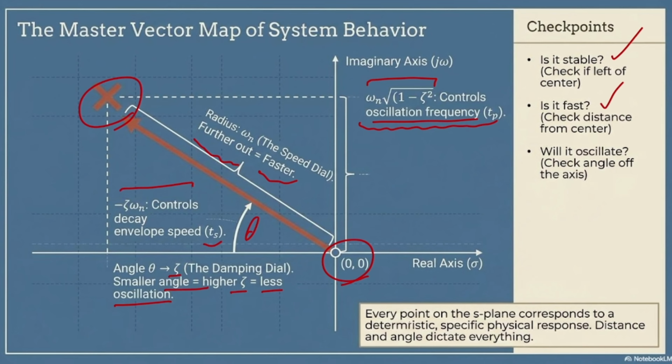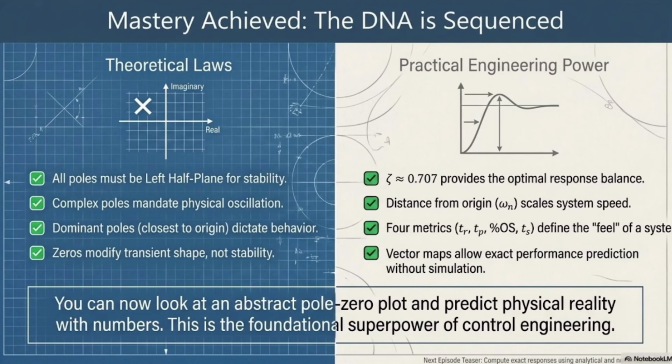Based on the formula we know for our omega n, which is the root of delta to the power 2 plus omega d to the power 2, we have this omega n, which is the distance. The higher this distance is, the faster my system is going to be. And finally, will it oscillate? The oscillation is completely related to my imaginary part. By studying that part, I can understand whether my system is going to oscillate or not.